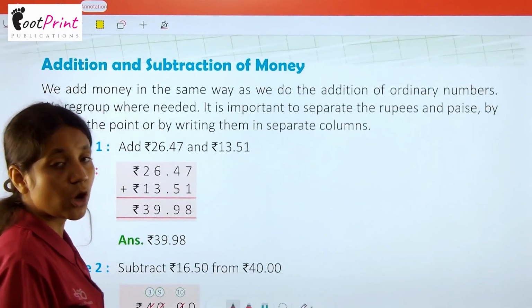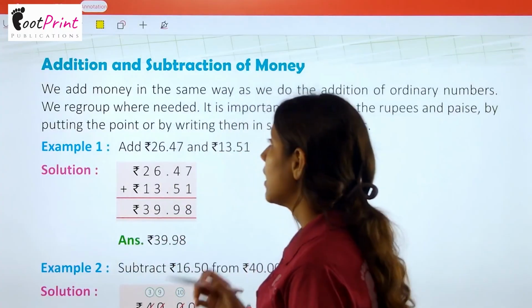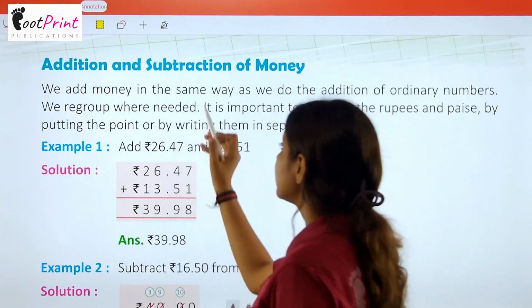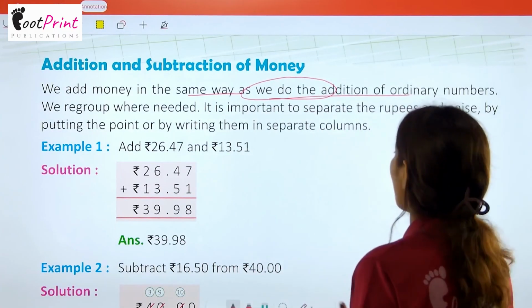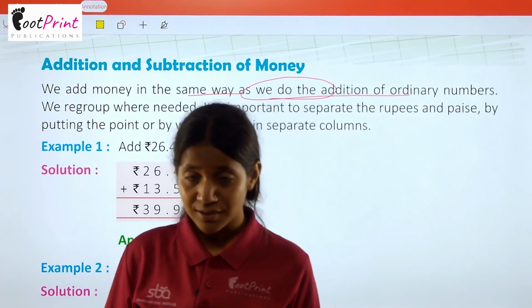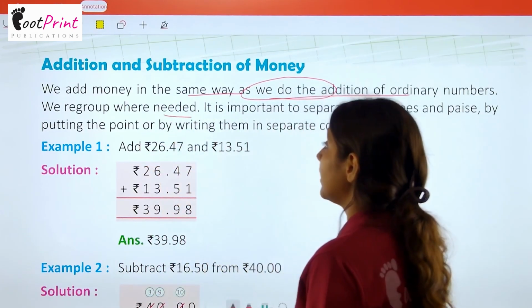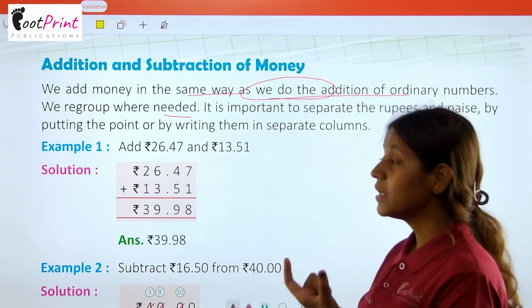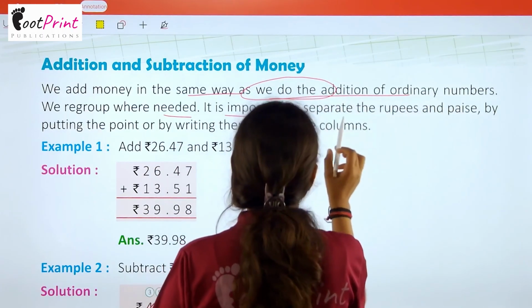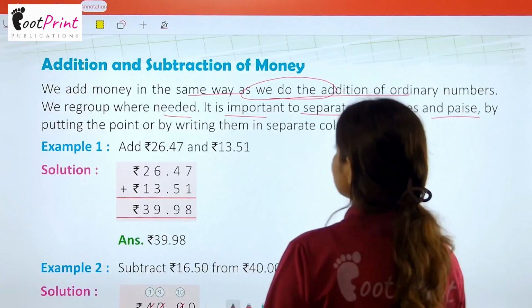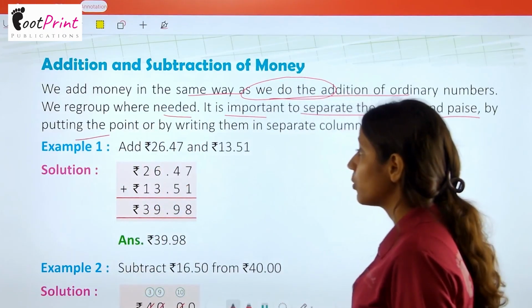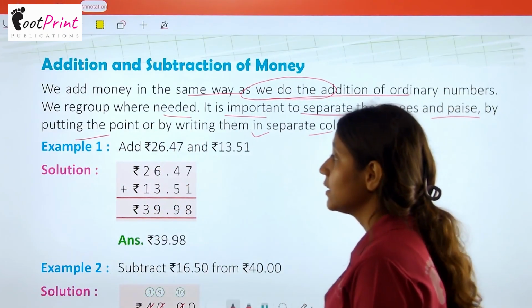Now we have the topic addition and subtraction of money. We add money in the same way as we do the addition of ordinary numbers. Simple numbers के addition की तरह ही हमें money का भी addition करना है. We regroup where needed. जहाँ पे जरूरत होगी वहाँ पे हम regroup करेंगे. It is important to separate the rupees and paise by putting the point or by writing them in separate columns.